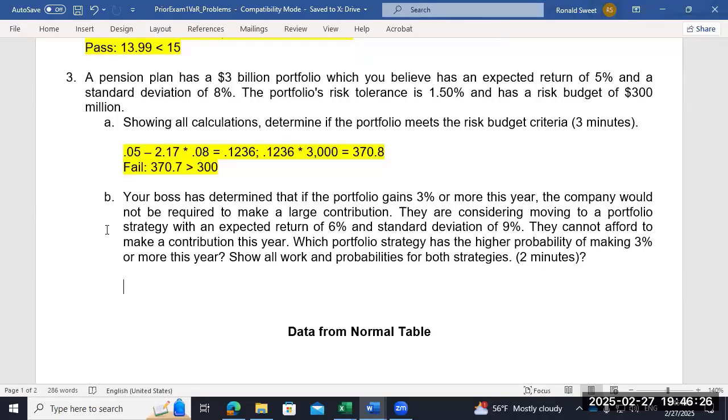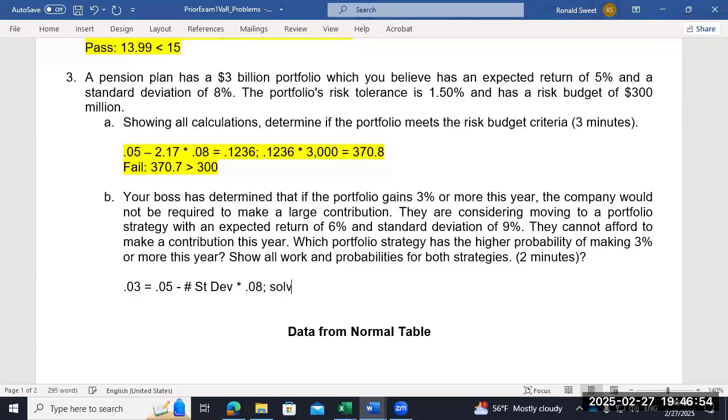Anybody got this one yet? I think I might. All right, Kenneth. How did you set it up? When you're given a target, what do you do with that target? 0.05 minus 0.08 times x. So the number of standard deviations times 0.08, okay.